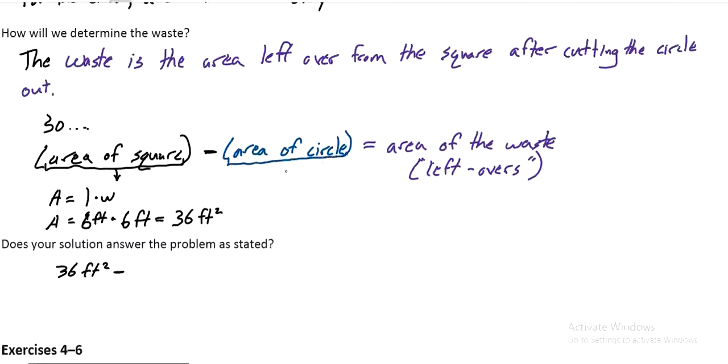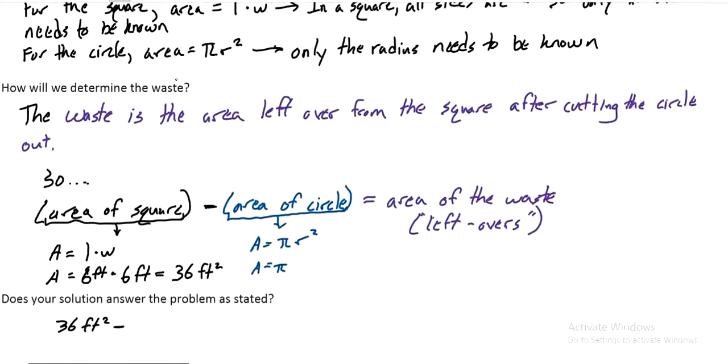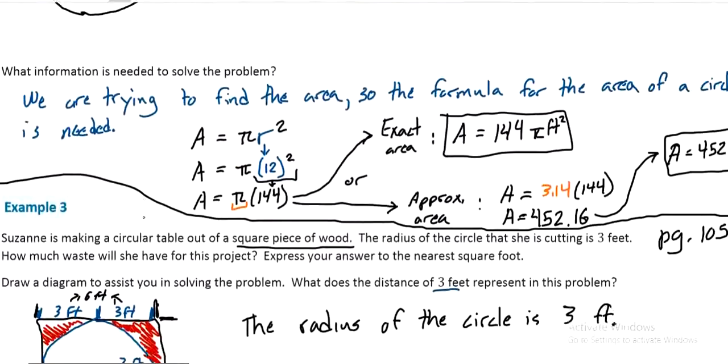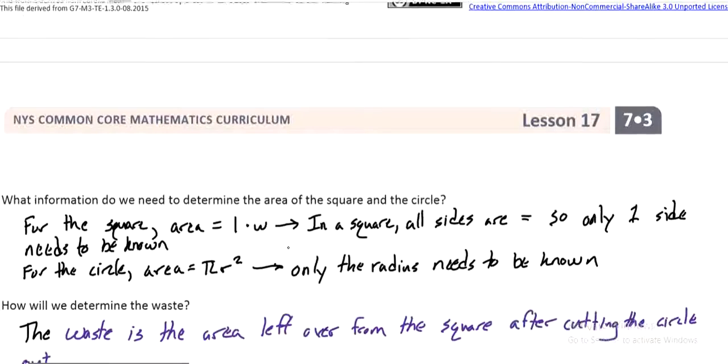So the area of the circle, well, we know the area of the circle is found by doing pi multiplied by the radius to the second power. So in this case, we're going to do pi multiplied by 3 feet. 3 feet is the radius.